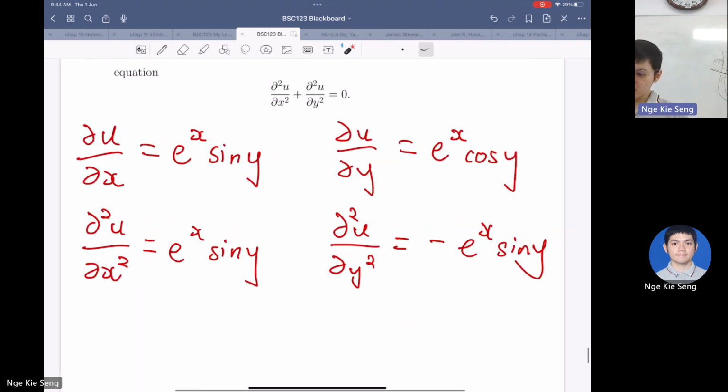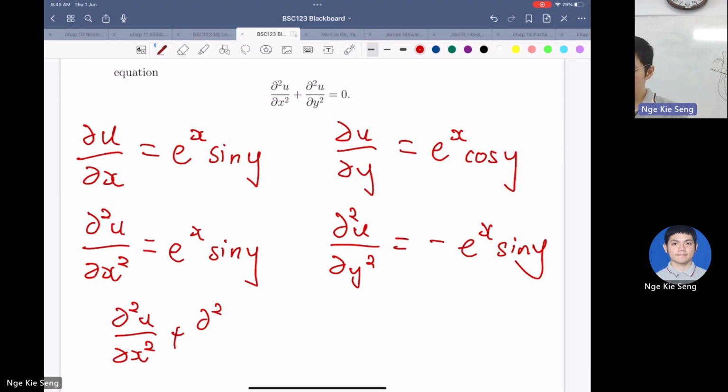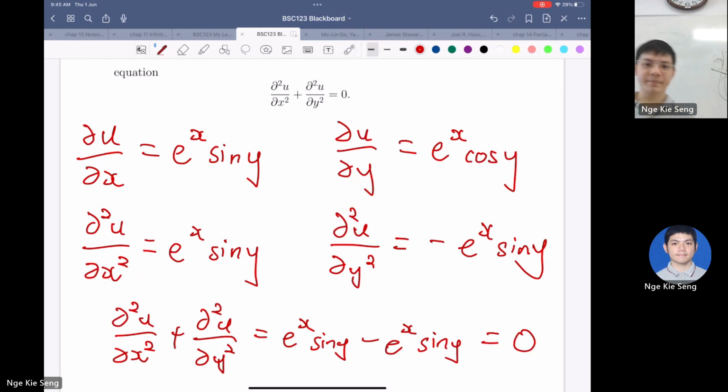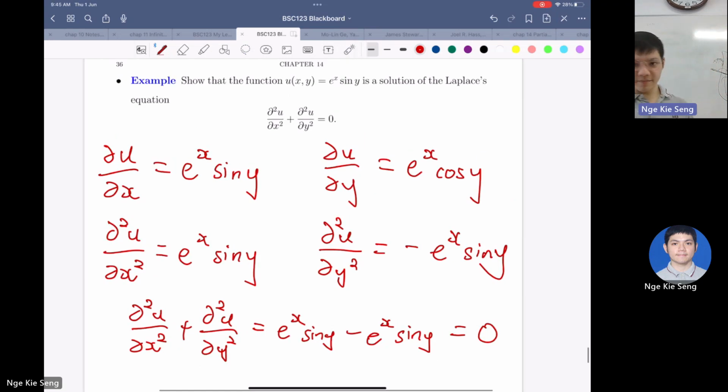If you add the two second derivatives together, you get 0 because e to the x sin y minus e to the x sin y cancel. Okay, so this is the Laplace equation. Anything that satisfies this Laplace equation is a solution to the Laplace equation. Okay, so this is one of the solutions.